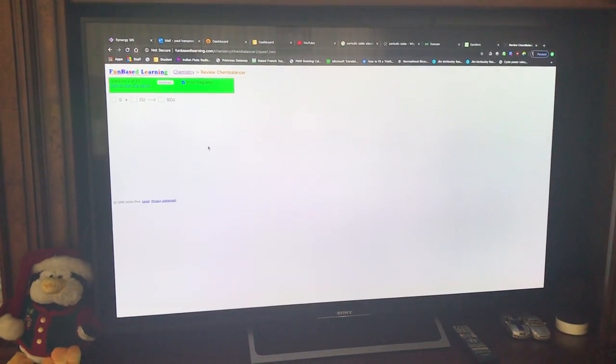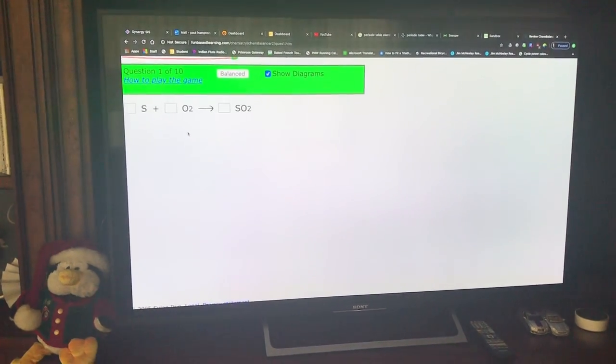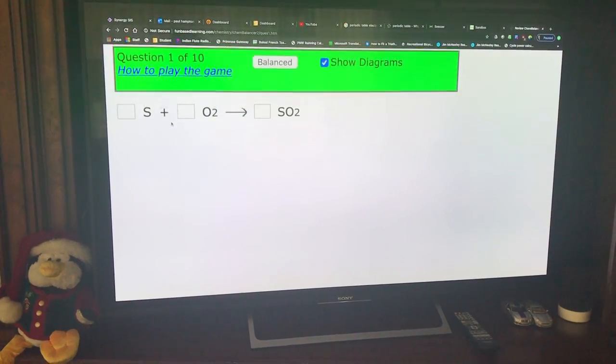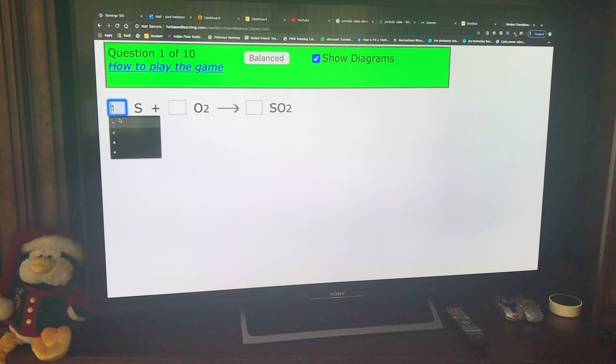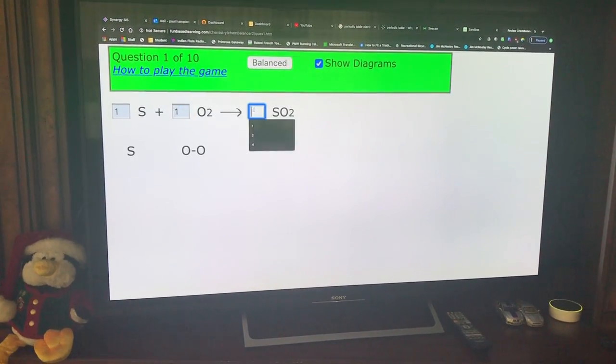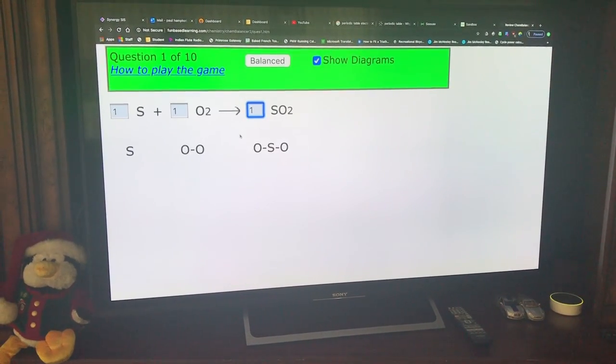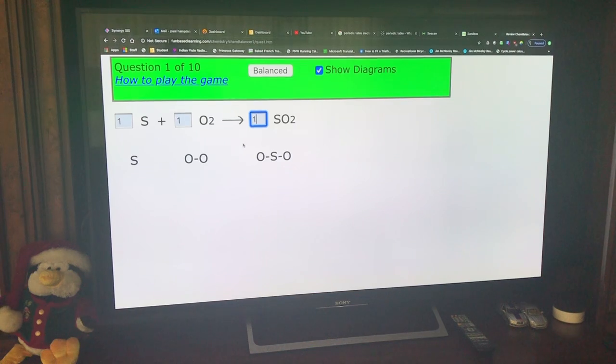There we go. All right. So we always start with 1 in each blank, and then ChemBalancer draws the actual number of each atom.